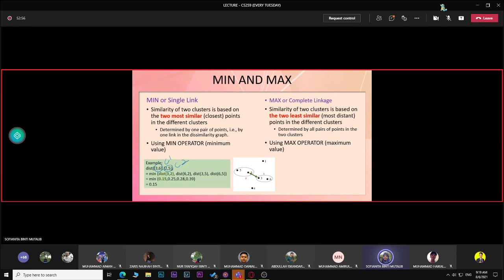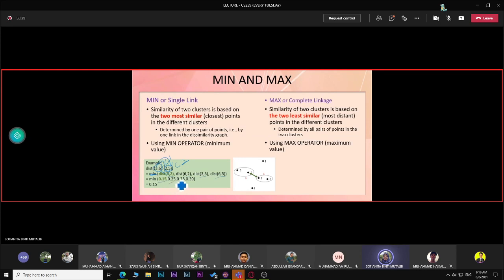So these will be the steps to calculate, which is we are using operator min, okay, and then distance 3 and 2, okay, it will be like this, 3 and 2 and 3 and 5, okay, and 6 and 2 and 6 and 5. So we elaborate the object inside the cluster.